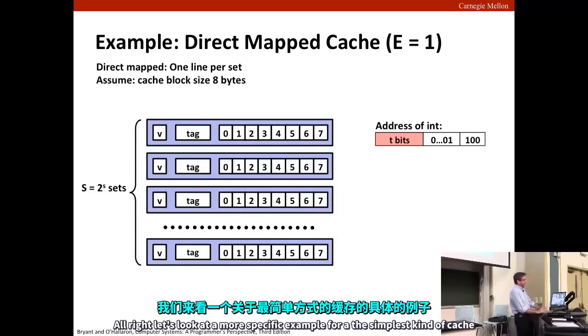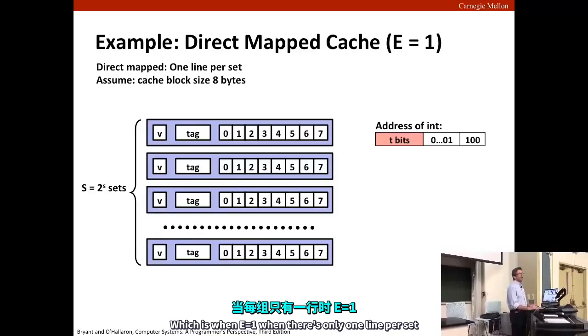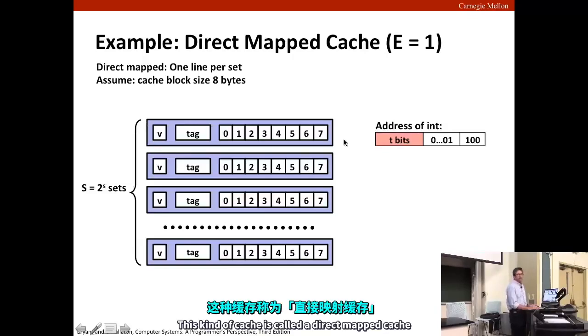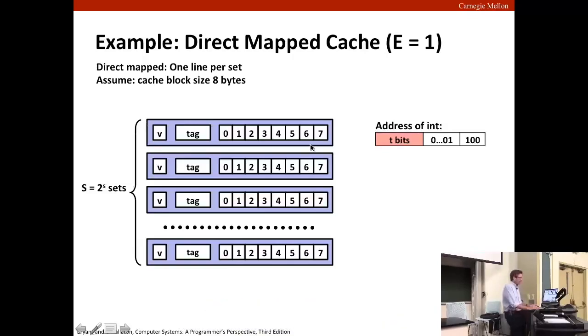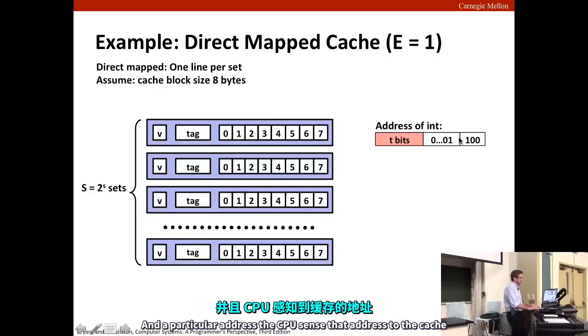All right, let's look at a more specific example for the simplest kind of cache, which is when E equals 1, when there's only one line per set. Okay, so E equals 1 line per set. This kind of cache is called a direct-mapped cache. So here we have S sets. Each set consists of a single line. And now suppose our program references a data item at a particular address. The CPU sends that address to the cache.